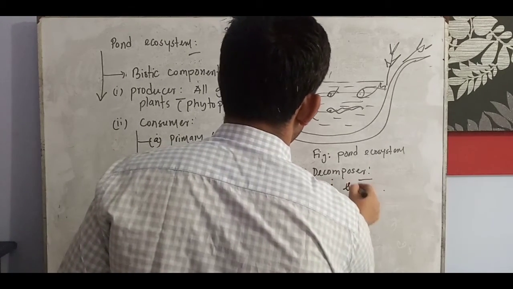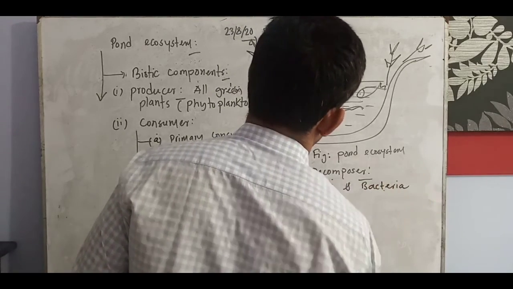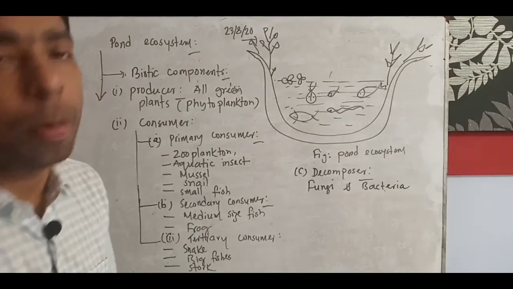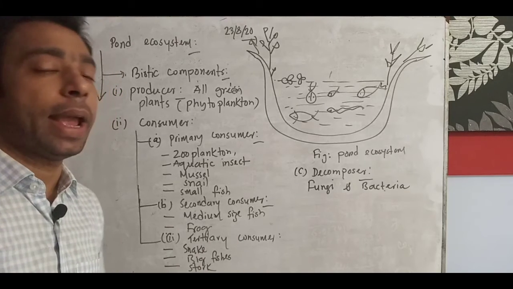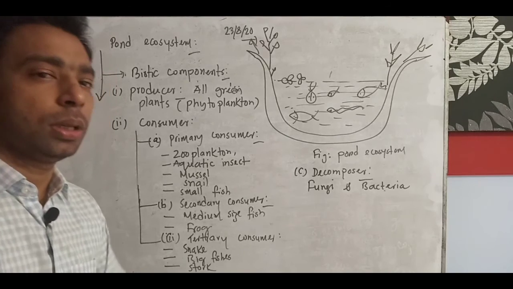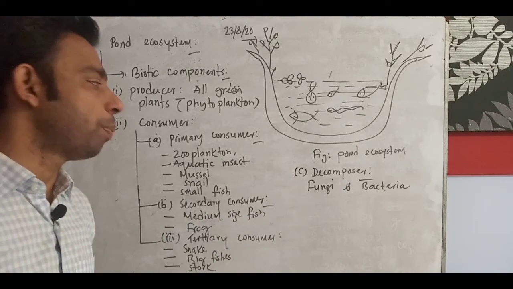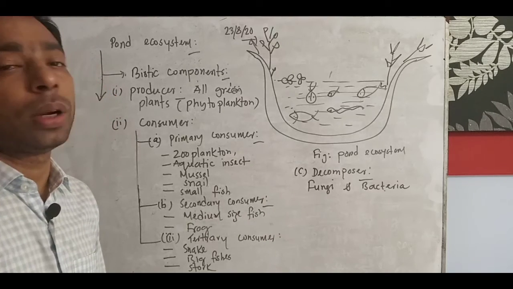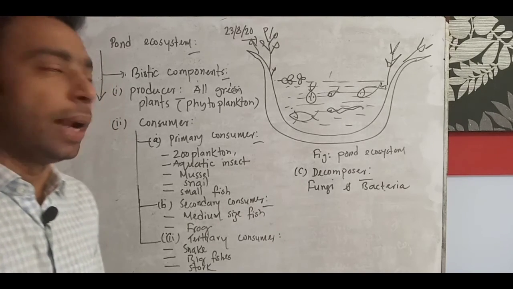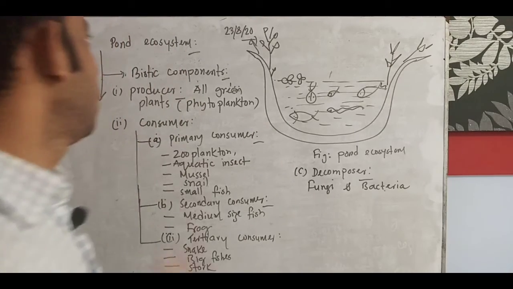Fungi and bacteria directly do this work, so fungi and bacteria are termed as the decomposers. They ensure the dead parts decompose, so they are known as the decomposer. And in this way we totally understand the pond ecosystem.